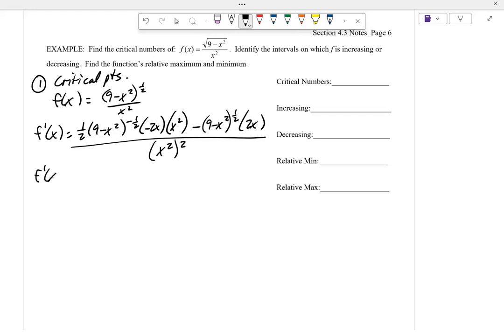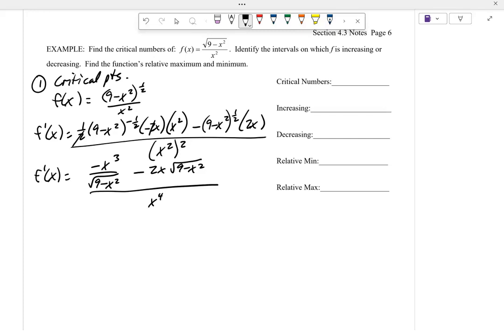And so this derivative ends up being, let's see, the 2's cancel right there. So I got a negative x cubed over the square root of 9 minus x squared, right? 9 minus x squared to the negative 1/2. And then I've got minus 2x times 9 minus x squared. And this is all over that x to the 4th there.